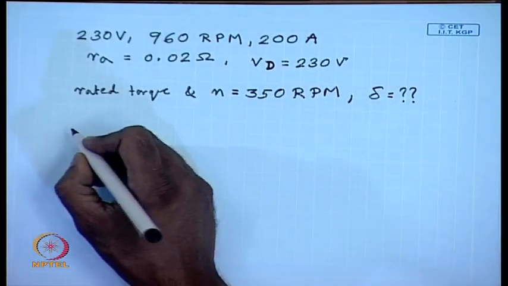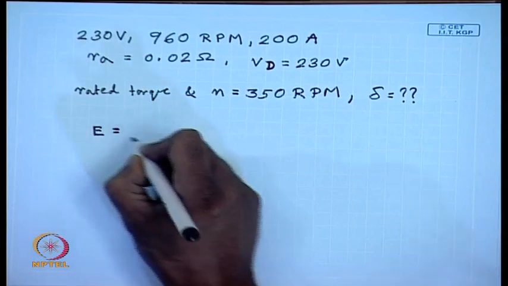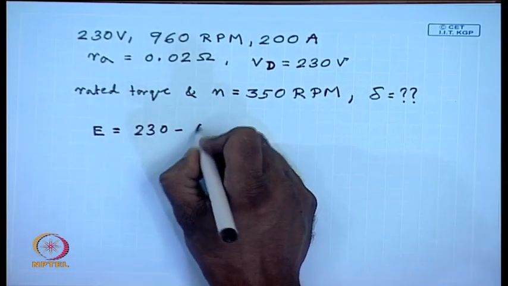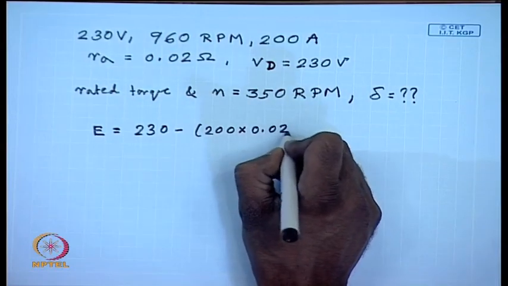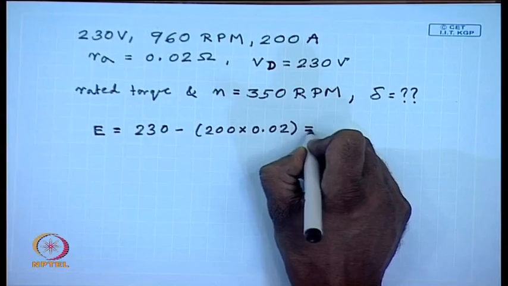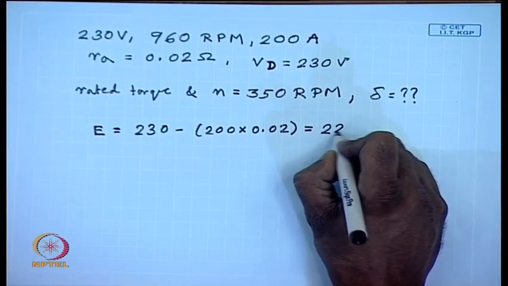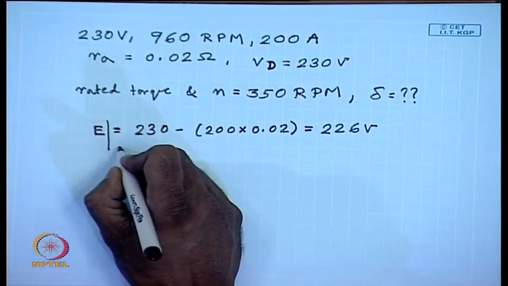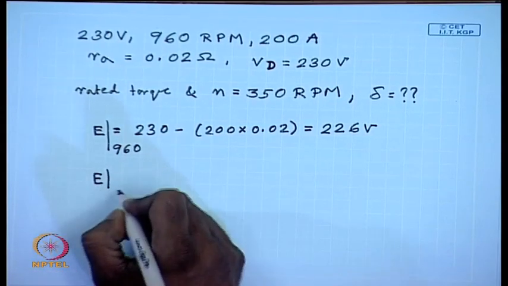Under rated condition of the machine, we know E equal to 230 minus the drop, so this is E at 960 RPM. So, E at 350 RPM is 82.4 volts.